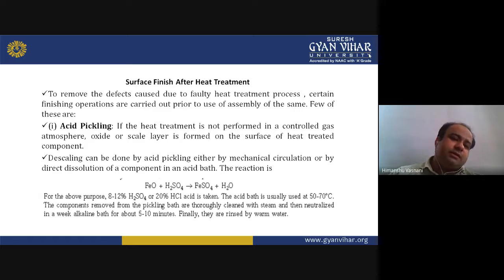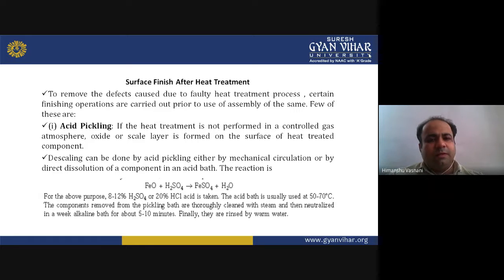So for this, we do descaling. Descaling is done by acid pickling, either by mechanical circulation or by direct dissolution of the component in an acid bath. To avoid that scale layer, we do descaling. The reaction for the acid bath is FeO plus H2SO4 gives FeSO4 plus H2O.